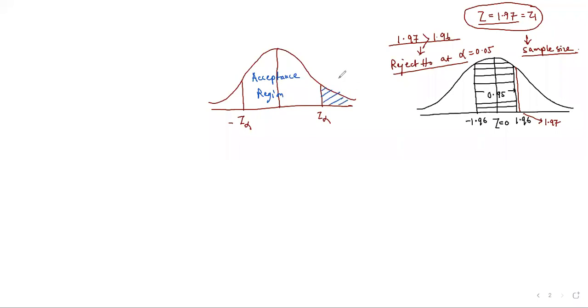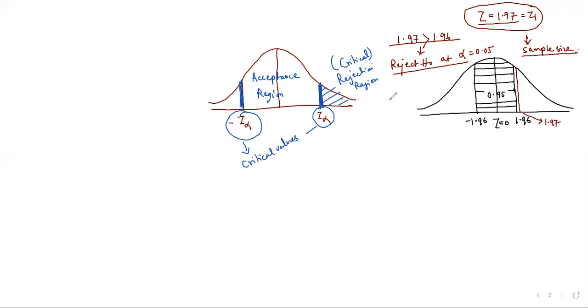Now, if you carefully observe, this point z alpha or this point minus z alpha become the boundary points. The rejection region is sometimes also called the critical region. These boundary points that we are getting over here are called the critical values.